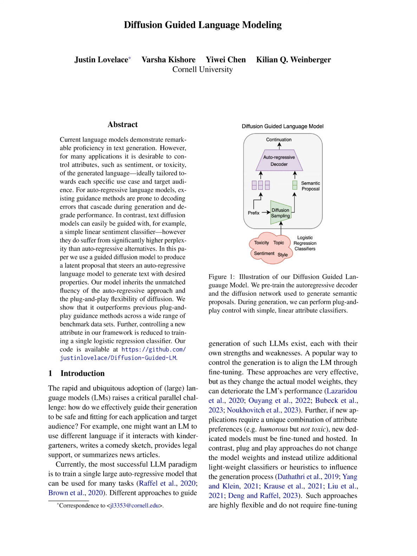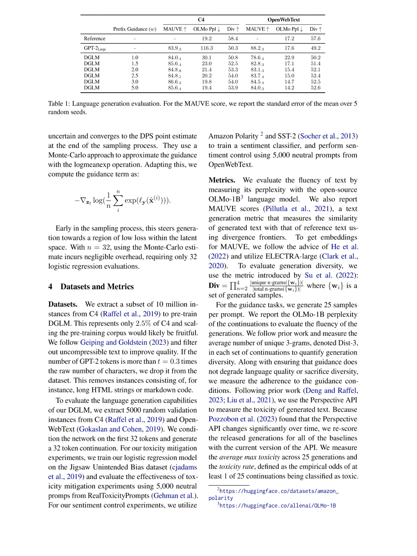The method also allows for easy adaptation to new attributes by simply training a lightweight classifier, thus avoiding the need for dedicated models for each unique application. Overall, DGLM enhances the controllability of language generation while maintaining high output quality and diversity.